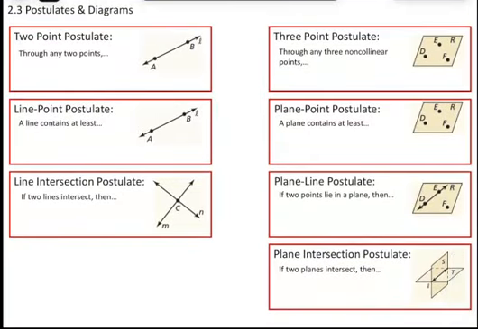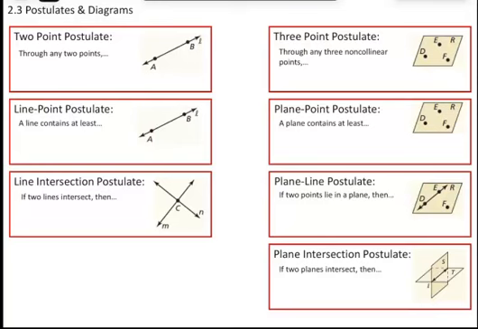All right, so 2.3 is just going to be postulates that are related to constructions, lines, and planes. The illustration is already provided for you. All we're going to write down is the conclusion to complete the postulate.